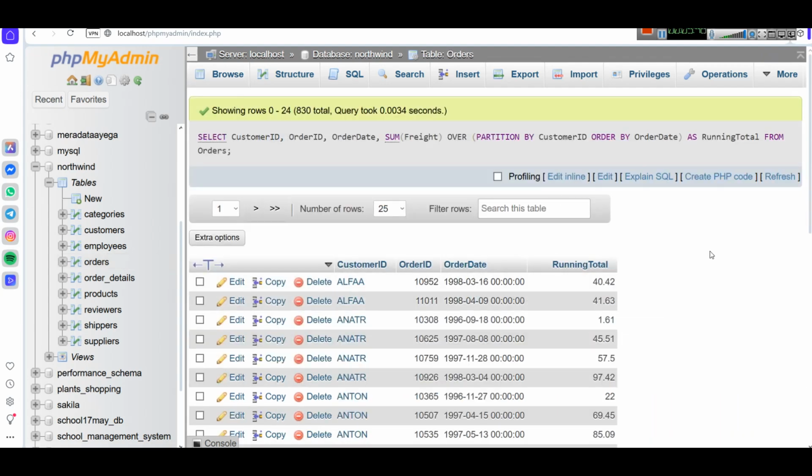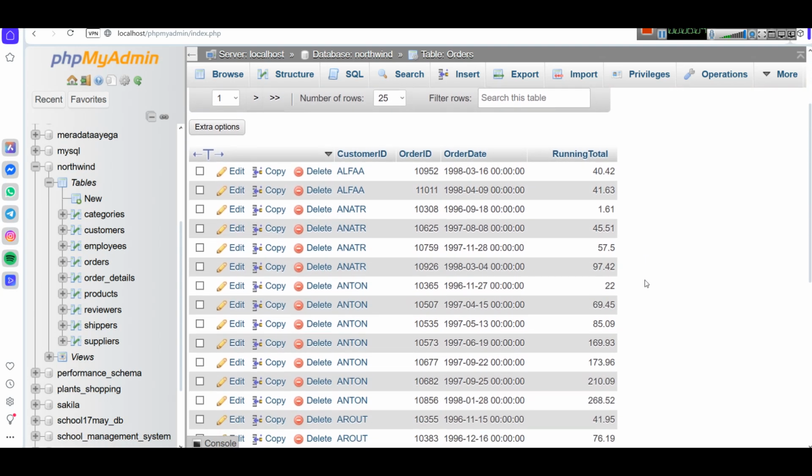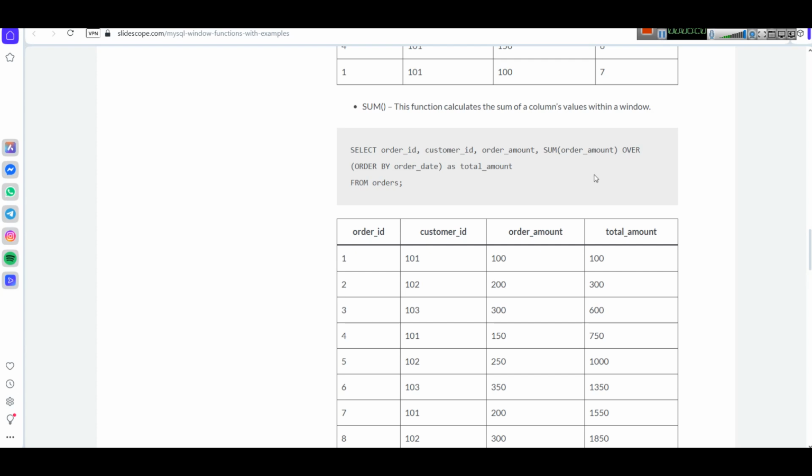When you run it, you will see that the first customer ID paid a running total of 40, then this customer paid a running total of 41.63. Then for the second customer the running total is 1.6, 45, then 57, and finally 97.42.